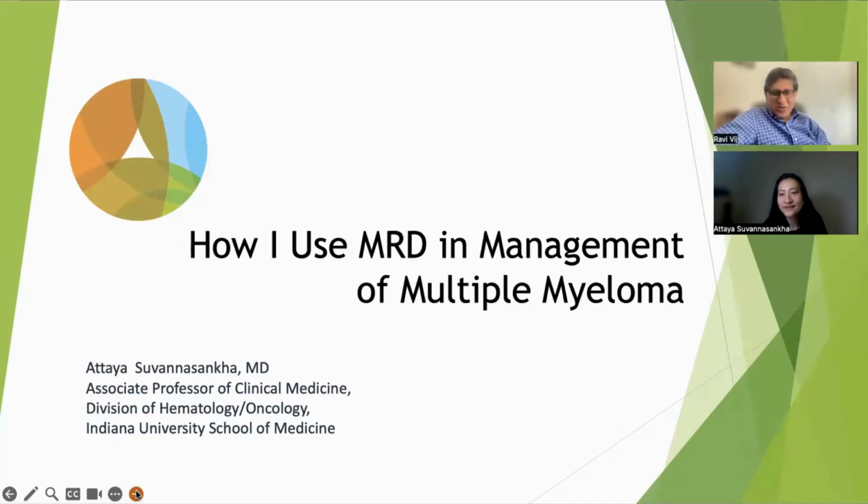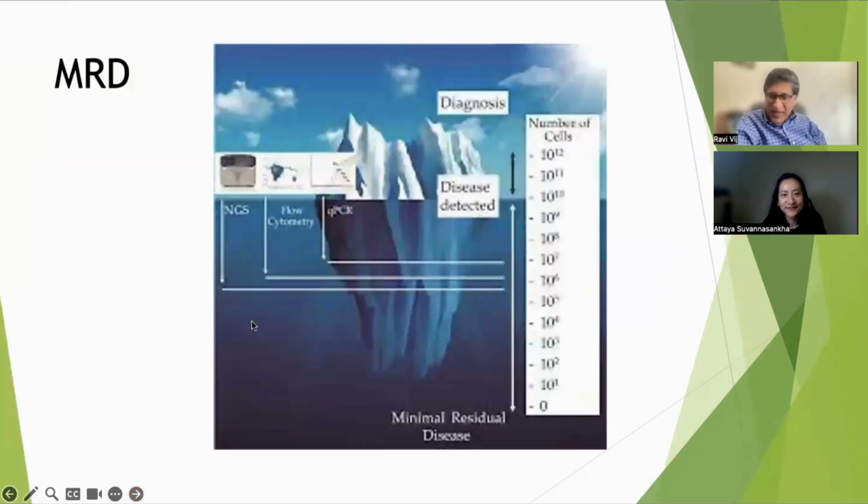But just to start off with, to educate those who are uninitiated, how do you check for MRD in multiple myeloma? That is the first topic where, if you talk to 10 people, they're all probably passionate about different technologies.